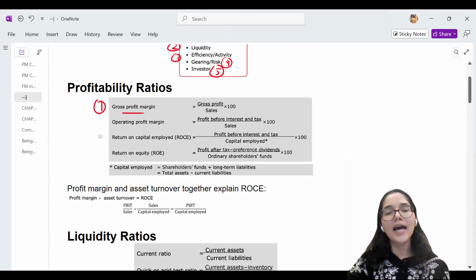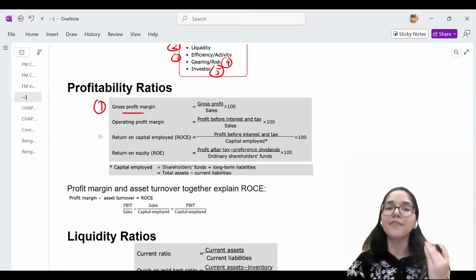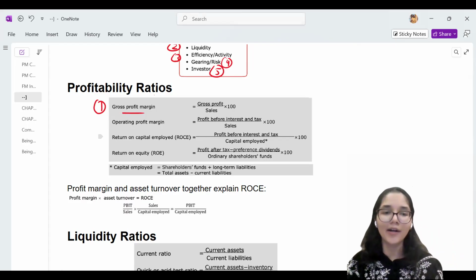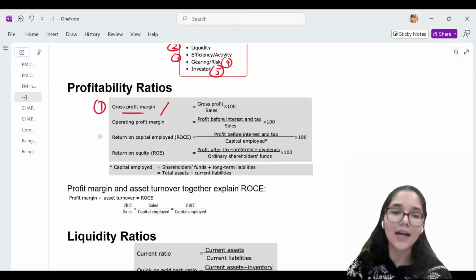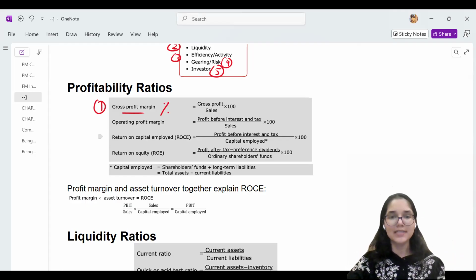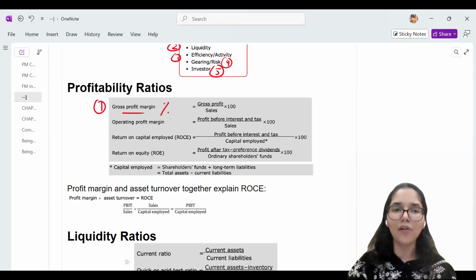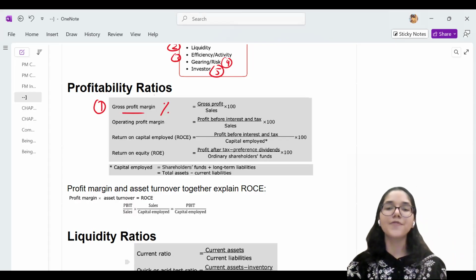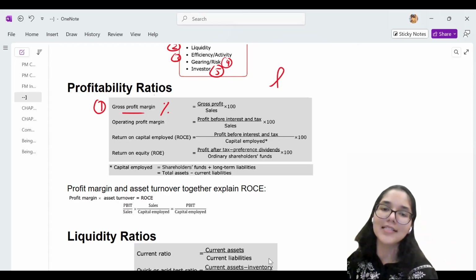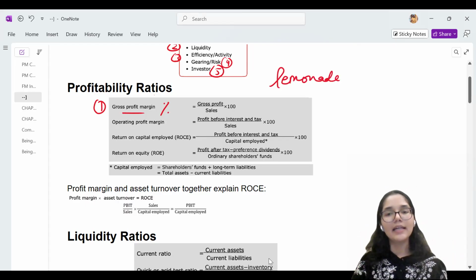The formula for that is you take the gross profit, divide that by the sales, and multiply by 100. That means your final answer will always be given in a percentage. If I tell you what this ratio is exactly trying to measure, let's suppose we have a stall where we are selling lemonade. All right, so we have a stall where we are selling lemonade.